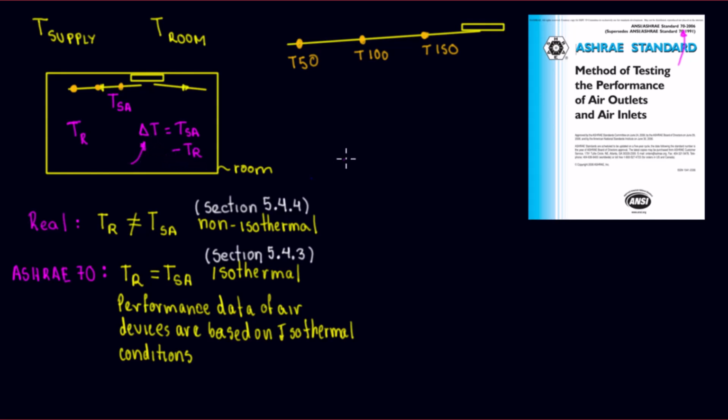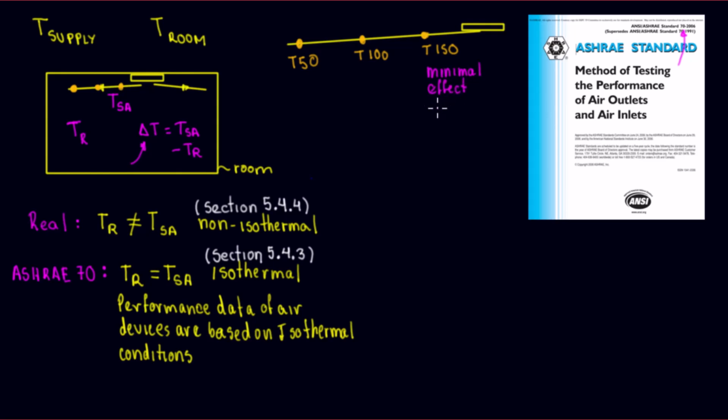In this case, we're going to see the effect of delta T. When the throw is 150, the non-isothermal part has minimal effect on the throw.